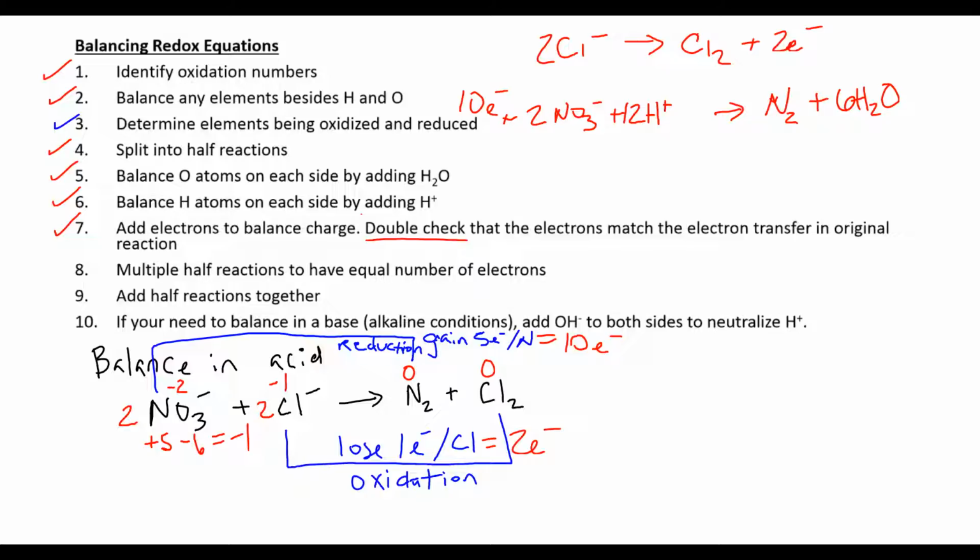So let's mark that multiplication. So then we should end up having 10 chloride ions, 5 chlorine molecules, and 10 electrons. So we've taken care of step 8, and now we just need to add the 2 half reactions together.